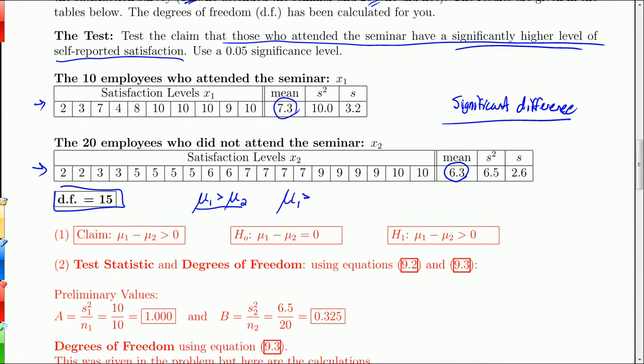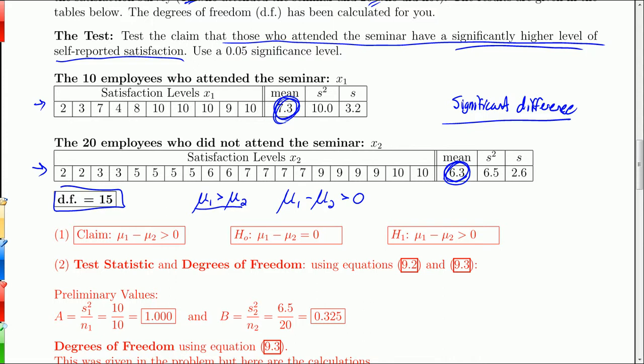So we're saying that mu1 minus mu2, if I subtract mu2 from both sides of this equation, is greater than 0. Right? Basically, I'm saying that when you subtract these levels, this mean, subtract that mean, it's going to be positive. It's going to be greater than 0.